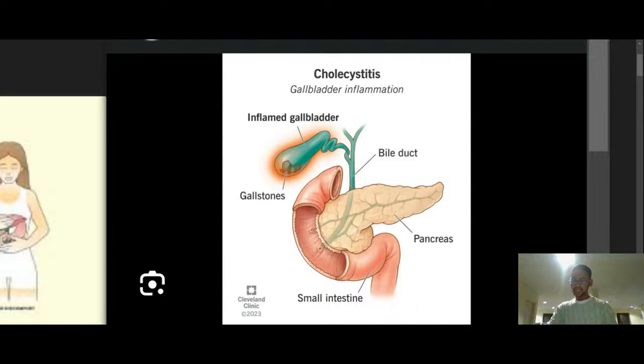Grade 3 cholecystitis is cardiovascular, respiratory, renal, hepatic, hematological, or neurological dysfunction. So this is acute cholecystitis.